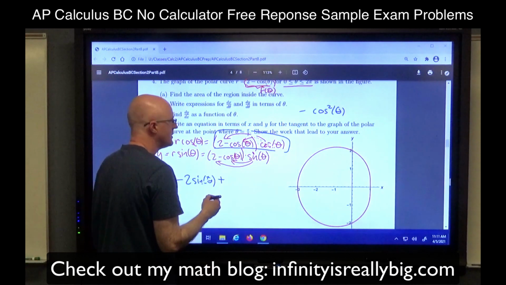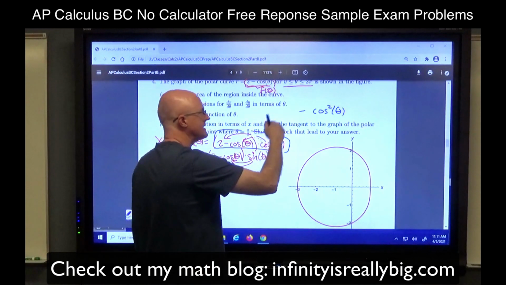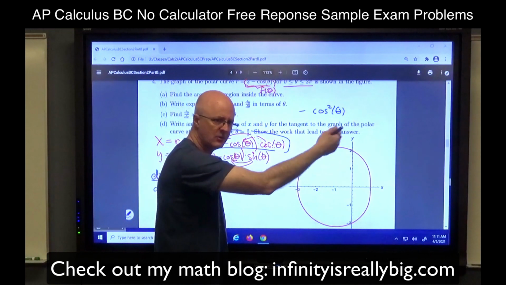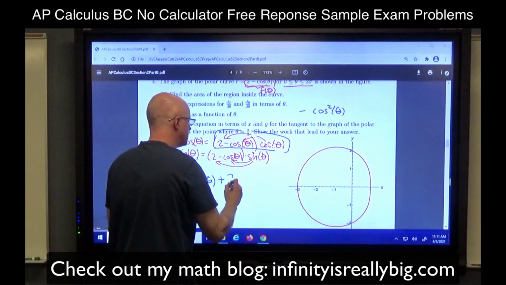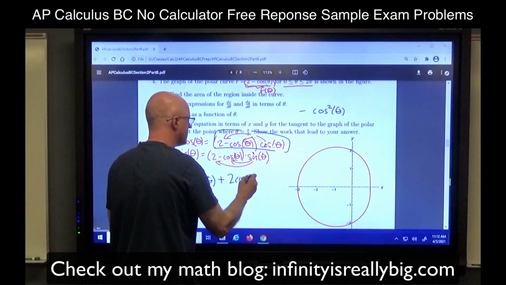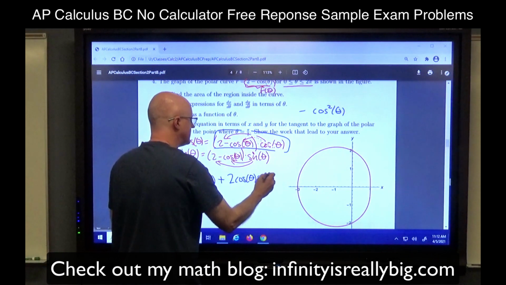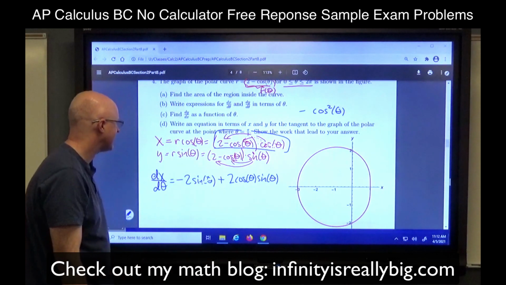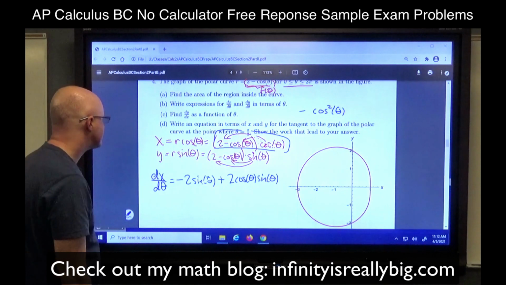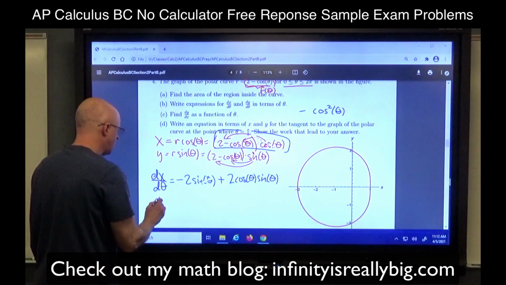Bring down the 2. I have minus 2 cos theta times the derivative of cos theta, which is another negative sine theta. Looks like it should be 2 cos theta sine theta, if I did not make a mistake. And if I did make a mistake, I'll put a note about it on the video. I do make mistakes. So that looks like it's dx d theta.